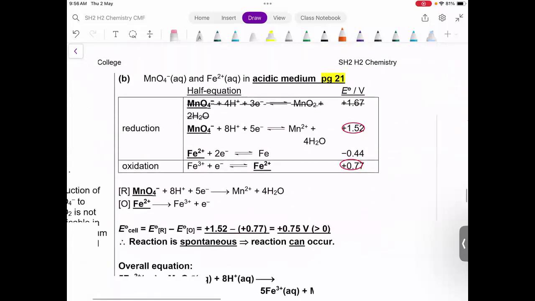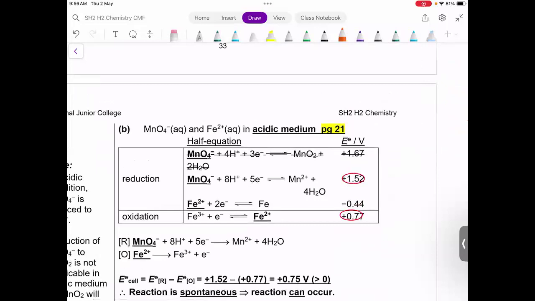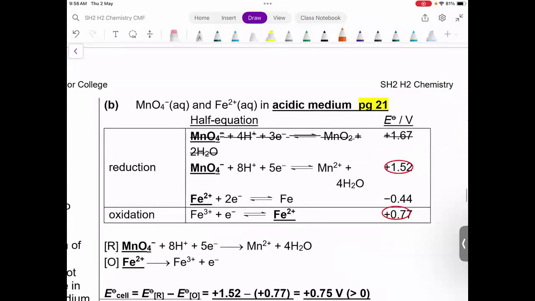Okay, so for part B, I need to emphasize the half equations involving your manganate. A lot of you are drilled into the fact that you should choose the one that is more positive, but it's not so for manganate. For manganate in highly acidified medium, you must recognize that it must be reduced to Mn2+. You don't choose the one with a more positive E0 value; it doesn't work for manganate.